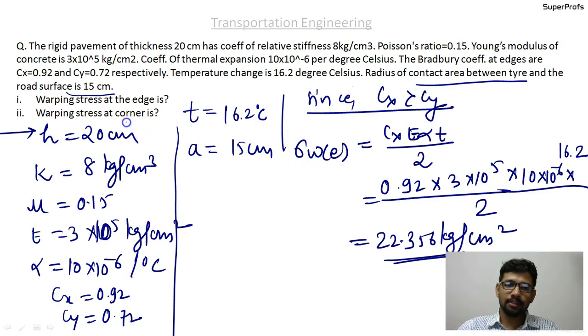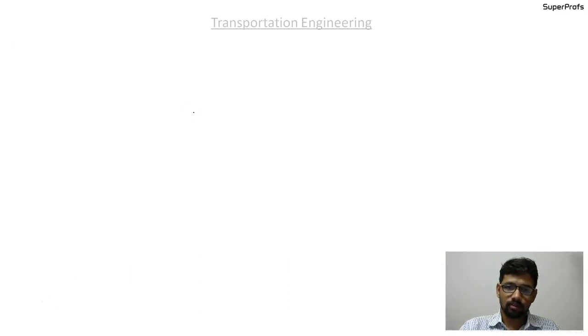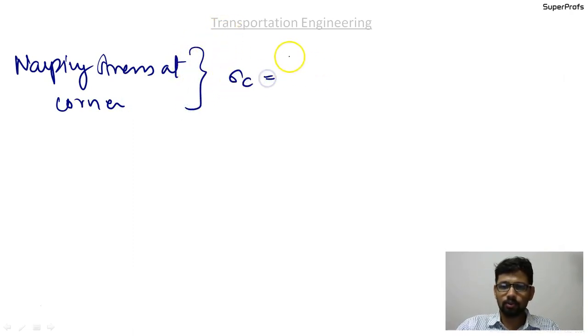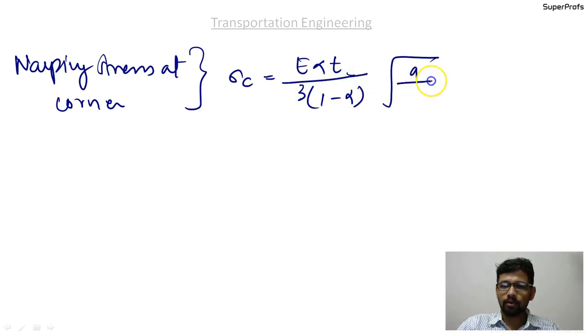So next question is warping stress. This was warping stress at edge. Next question is warping stress at the corner. So warping stress at corner is given by sigma c equal to E alpha T upon 3 into 1 minus mu, root A by L, where L is the length of radius of relative stiffness.